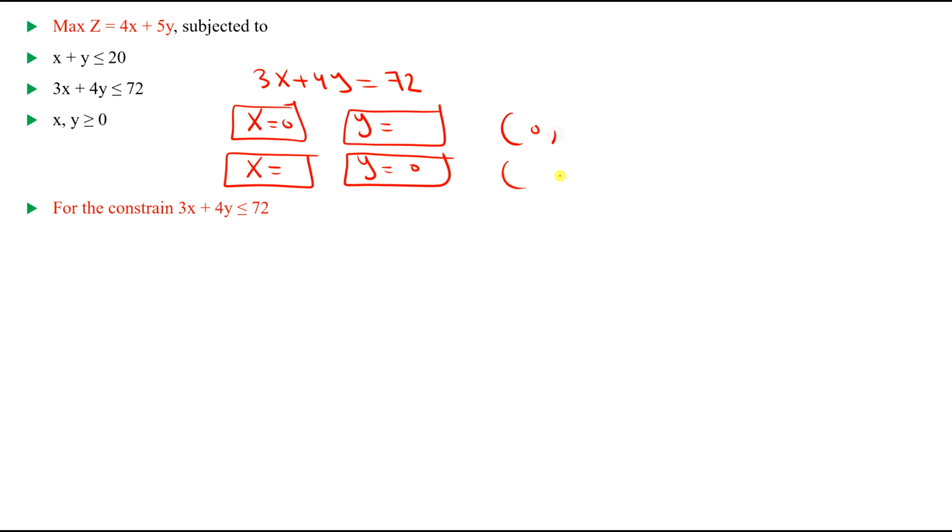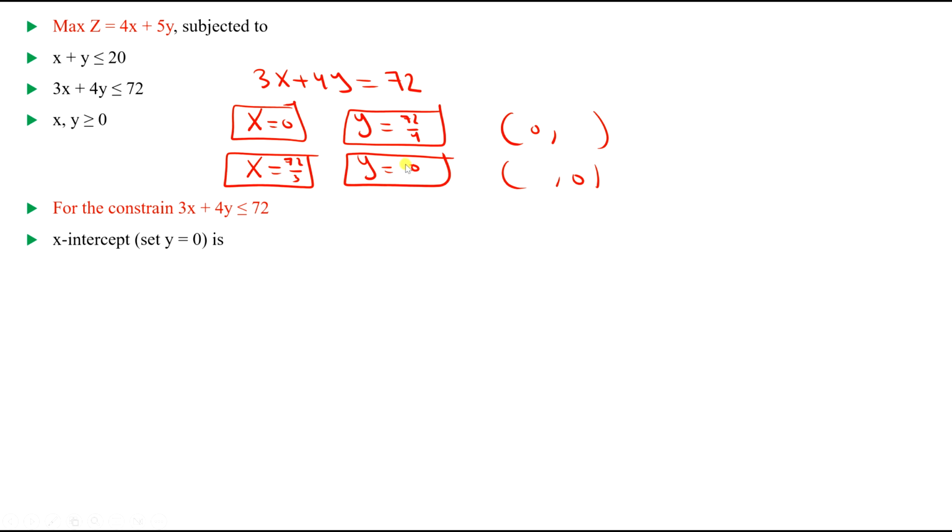When x equal to 0, y will be 72 over 4. When y equal to 0, then 3x will be 72, so x will be 72 over 3.